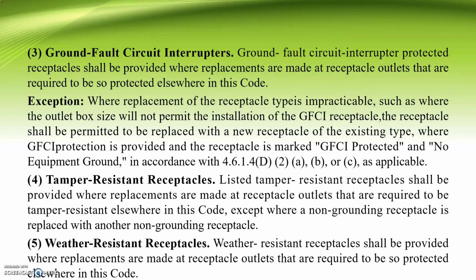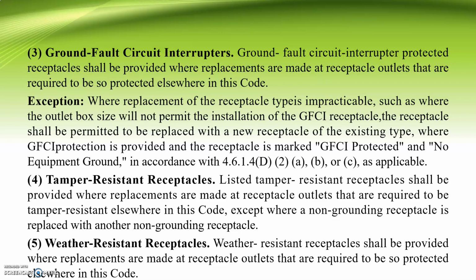Number 3, ground fault circuit interrupters or GFCI. Ground fault circuit interrupter protected receptacles shall be provided where replacements are made and at receptacle outlets that are required to be so protected elsewhere in this code.